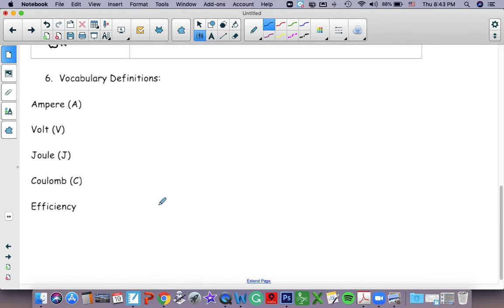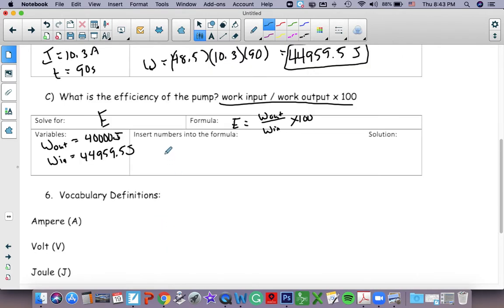Plug everything into our efficiency equation. We have output over input. So 40,000 joules over 44,959.5 joules, and then times 100.